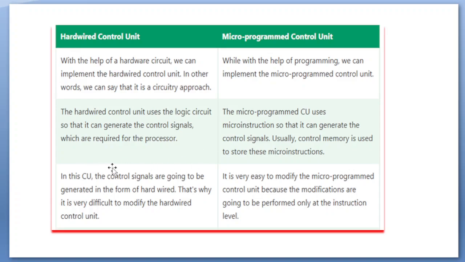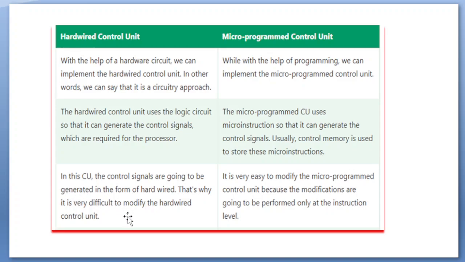The hardware control unit uses logic circuits to generate the control signals required for the processor. Here, many logic circuits or logic gates are used for generating control signals. But the microprogrammed control unit uses microinstructions to generate control signals.